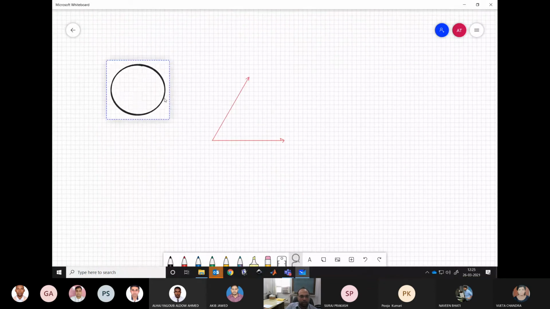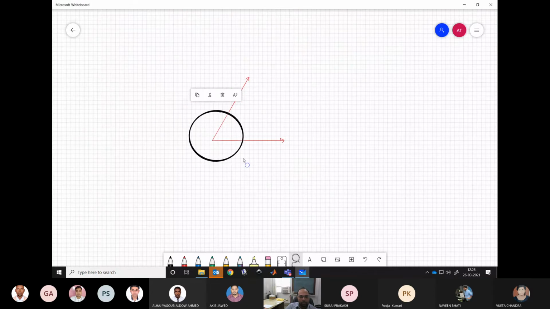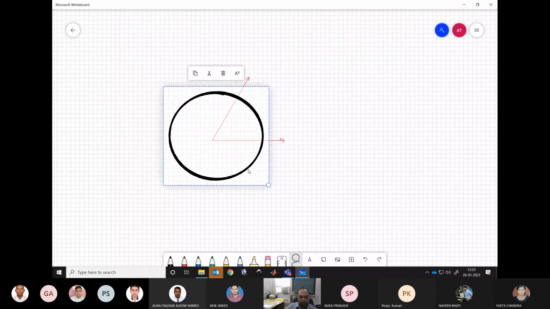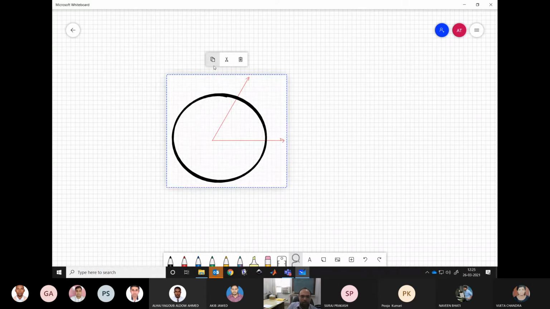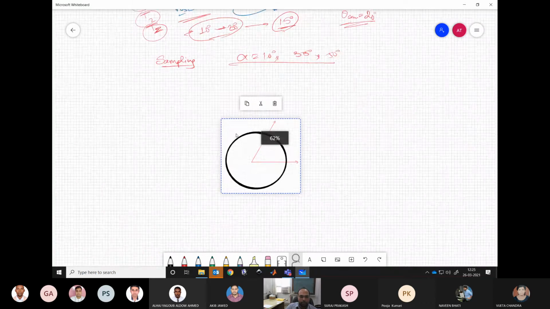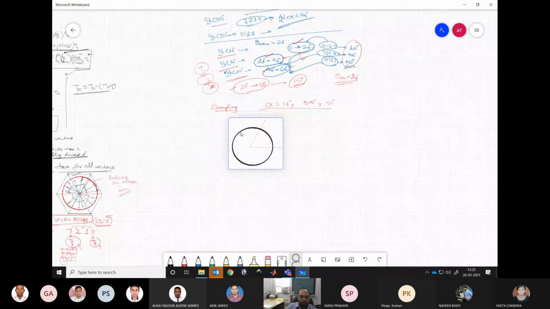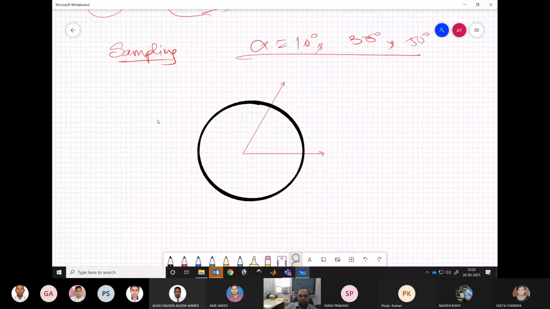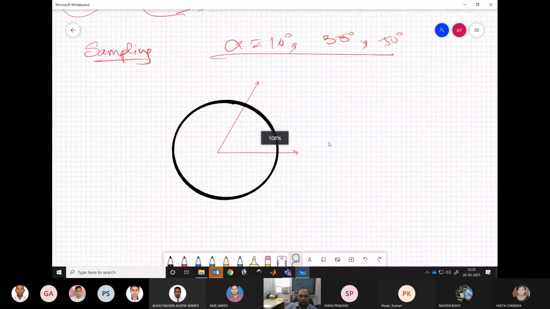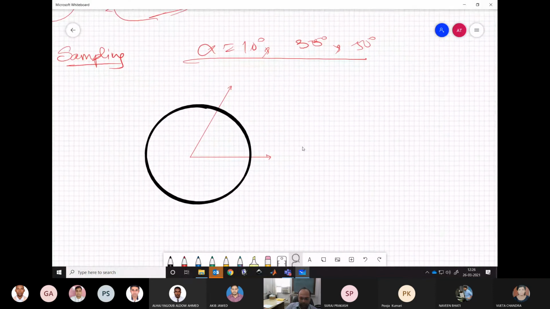So now let us say for this, we are trying to figure out where all our samples would be. So how do we decide that we have to get a sample at 10 degree or 30 degree or 50 degree? This is what we are trying to understand.